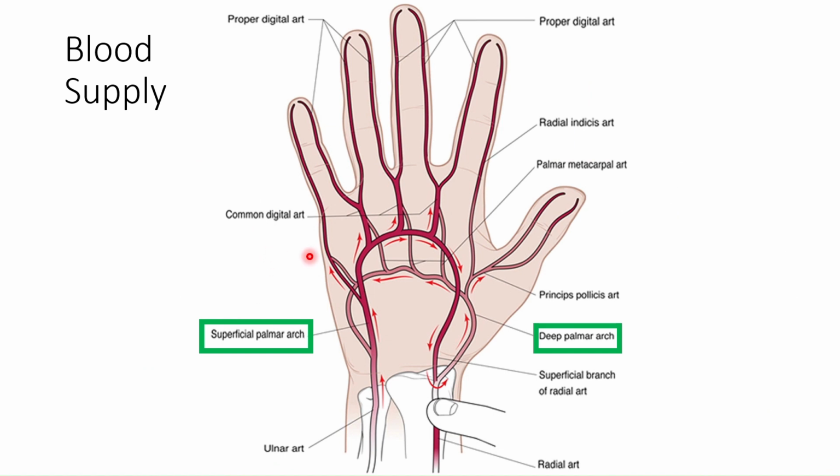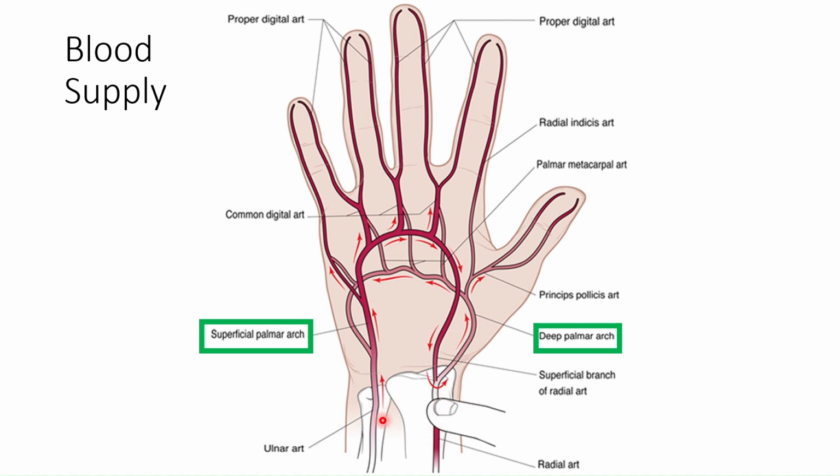Traveling along with the nerves are the large vessels that supply blood to the hand. The largest artery is the radial artery that travels across the front of the wrist closest to the thumb. The radial artery is where the pulse in the wrist can be taken.